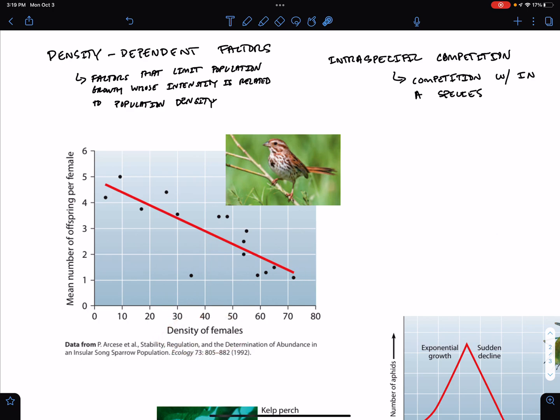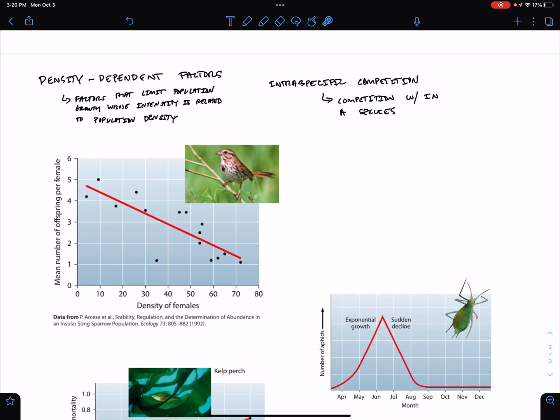So this could be competition for nesting spaces, or it could be potentially increased predation or limited resources to feed those offspring. But as the density of song sparrows increases, the number of offspring goes down. So this is a density-dependent factor.